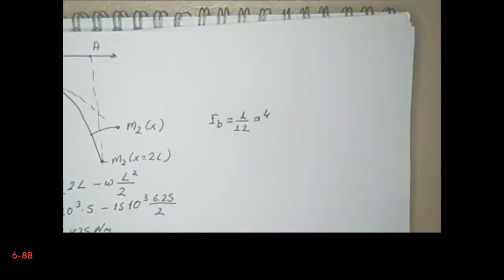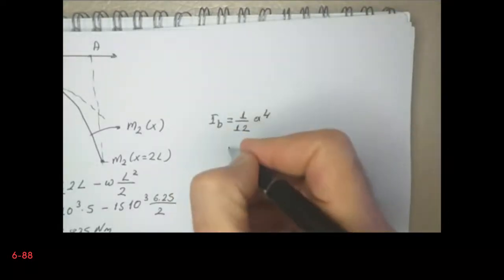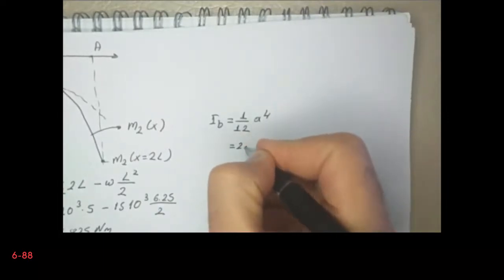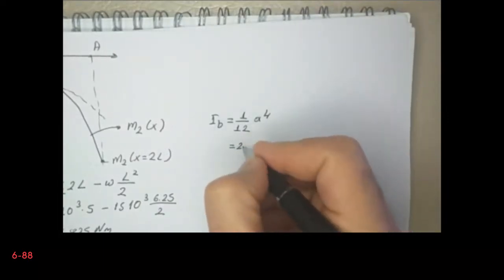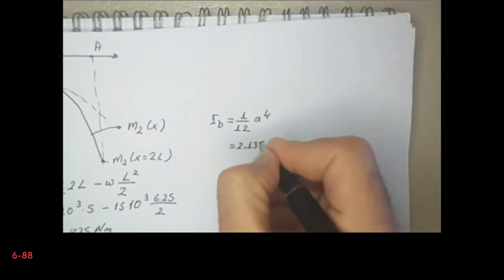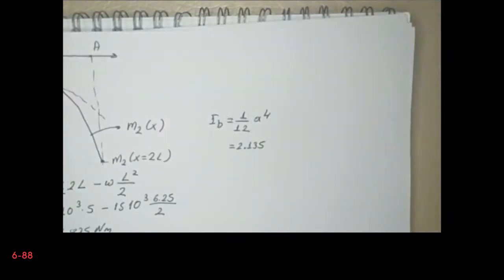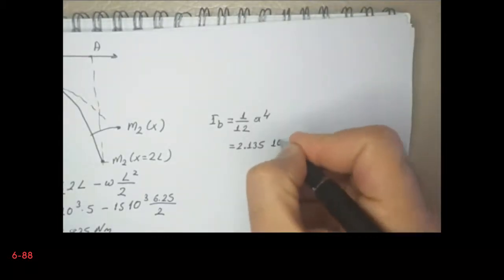So the bending moment of inertia for this system is 2.135 10 to the power 4 meter to the power 4.